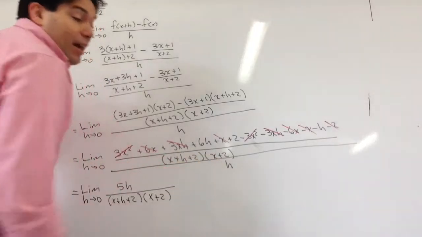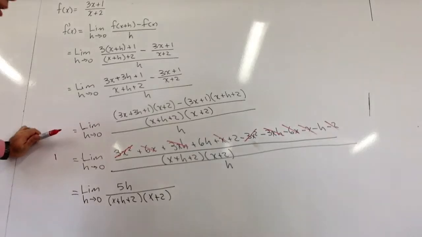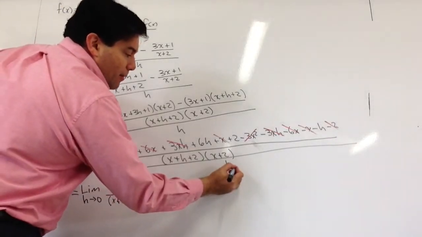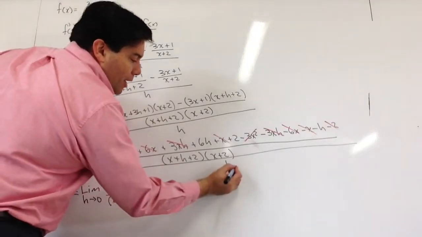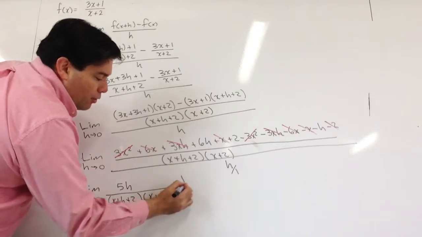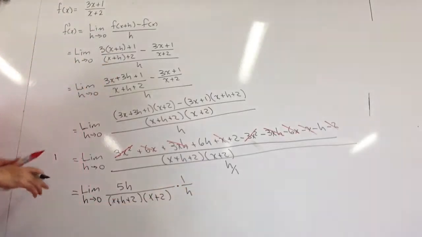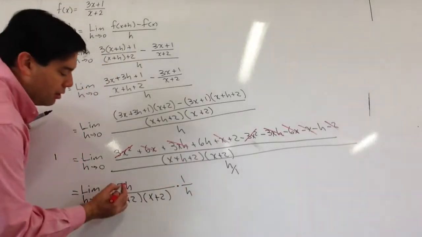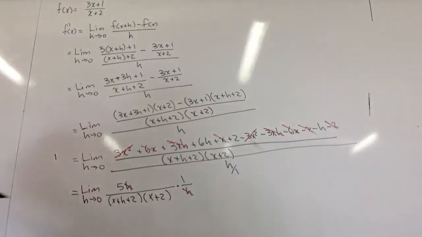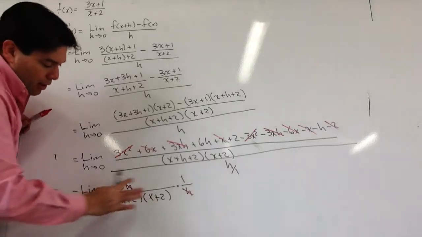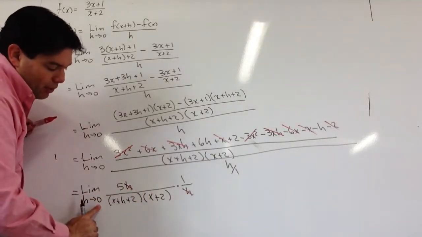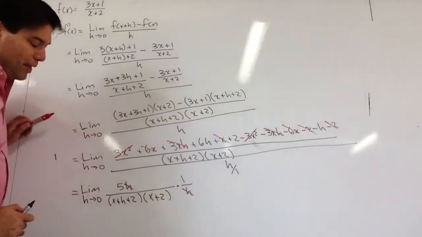Now instead of dividing by h, this division by h could be thought of as dividing by h over 1. So I'm going to multiply by the reciprocal, which is 1 over h. This allows me to cancel this h with this h. So I'm left with this fraction that has only one appearance of h, but if I substitute h here, I no longer have division by 0.